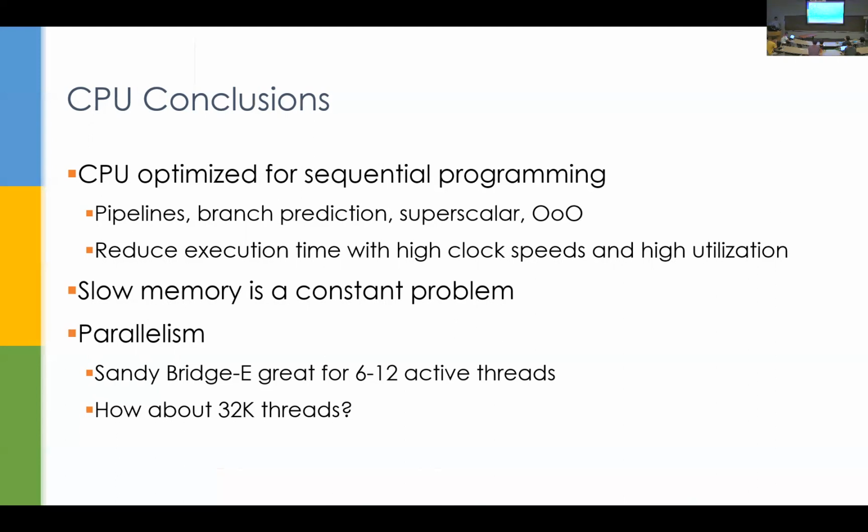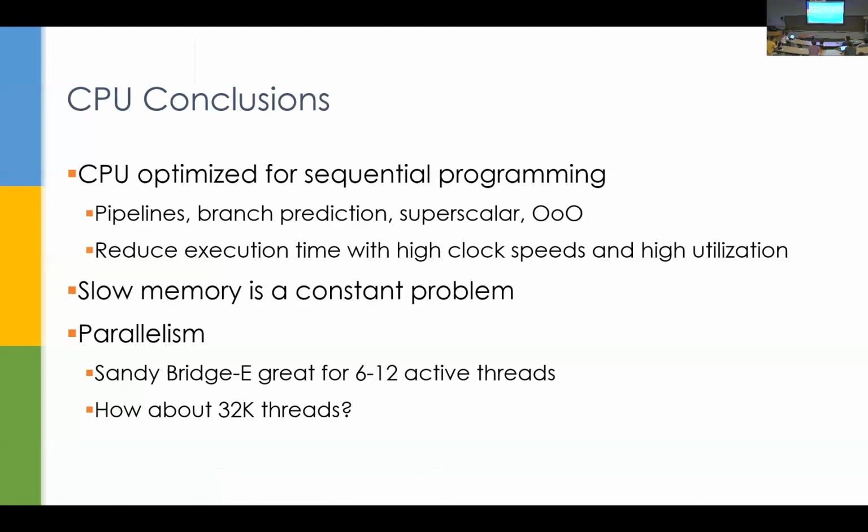They reduce execution time by high clock speeds and high utilization. But slow memory is a problem. We saw how RAM and cache on a CPU chip are much slower compared to how much core size they use.